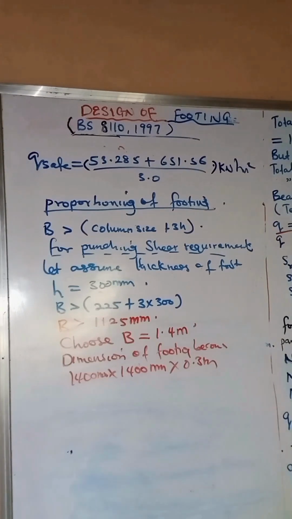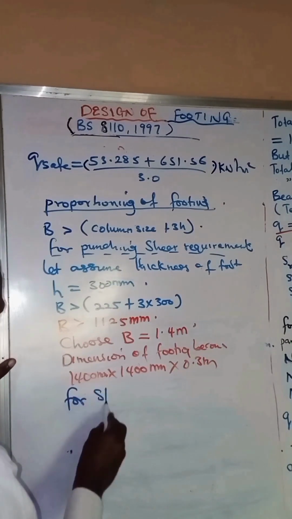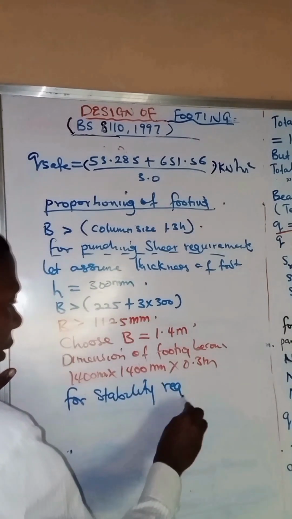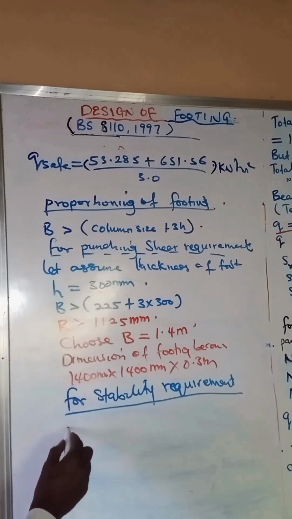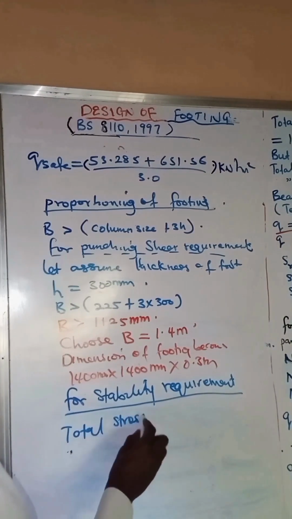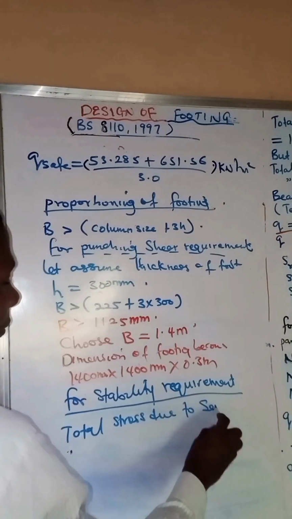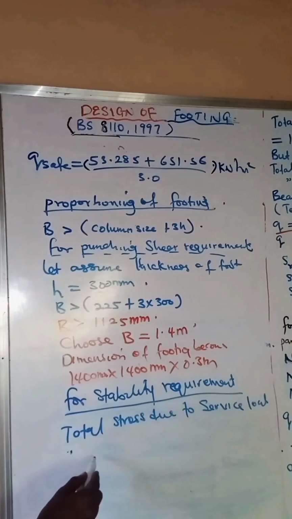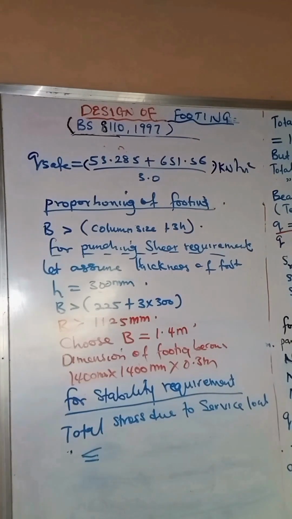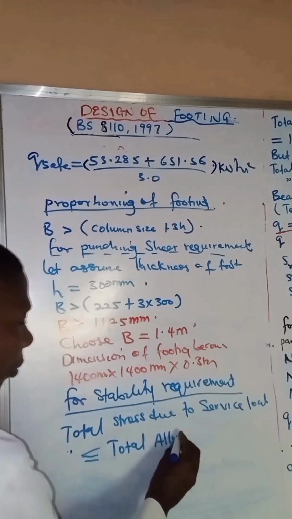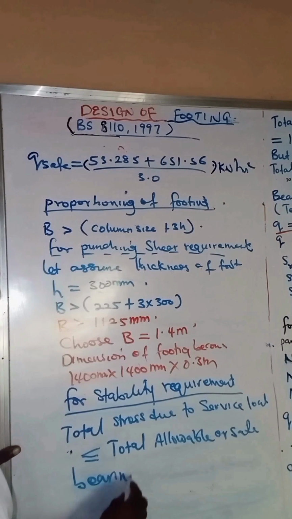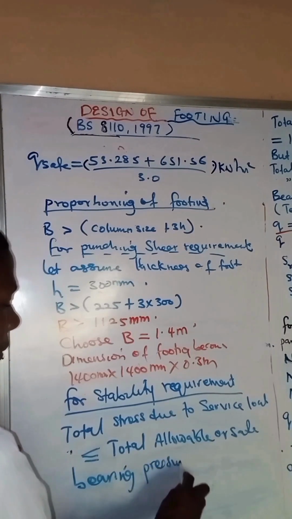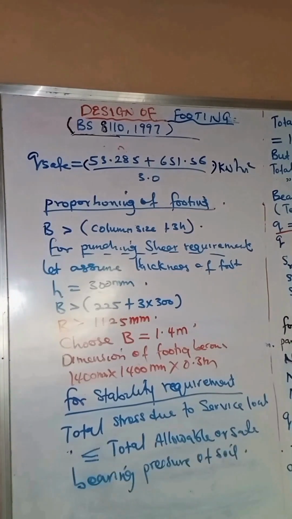The total load due to service load, the total gravity load, which is a service load, for the stability requirement, we say that total stress due to service load must be lesser or equal to the total allowable or safe bearing pressure of soil. All right, so this is the stability requirement.